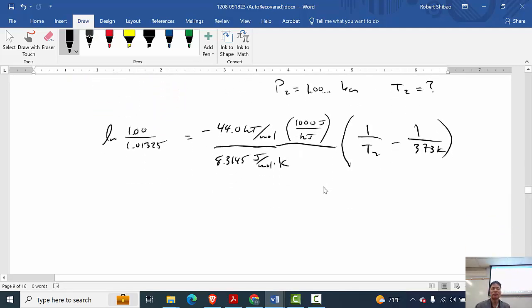All right, so let's solve this for T2. I'm going to take the natural log, ln of 1 divided by 1.01325, divided by negative 44, divided by 1,000, times 8.3145, plus 373 inverted.